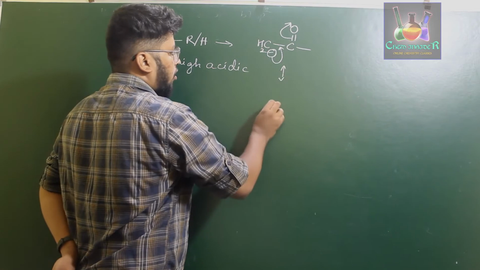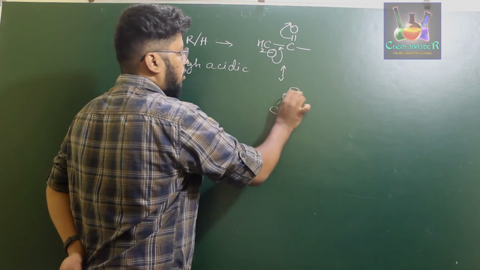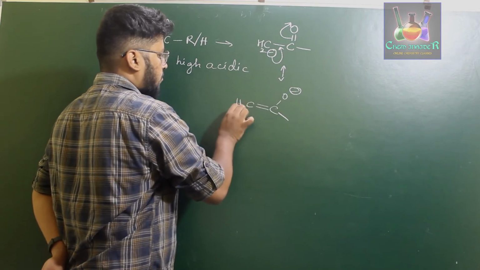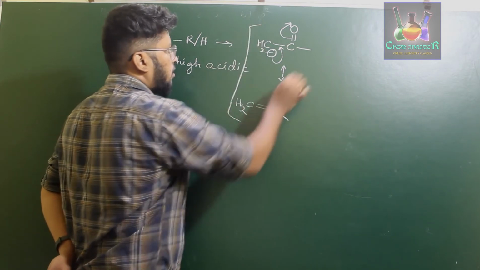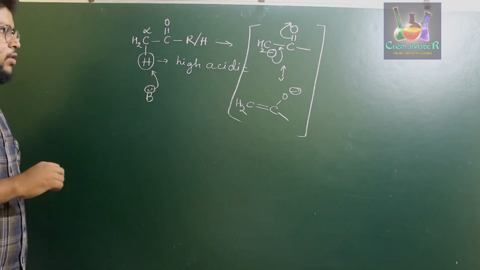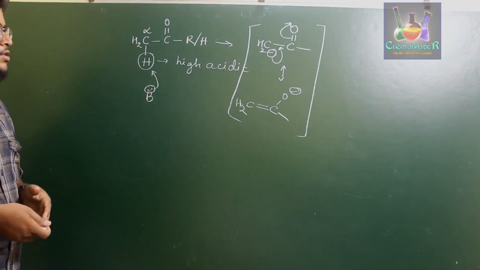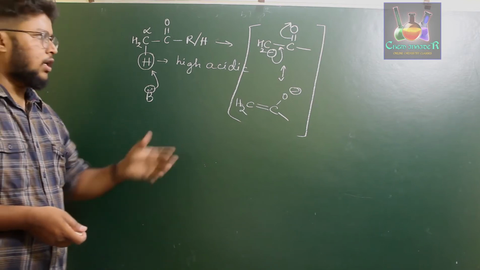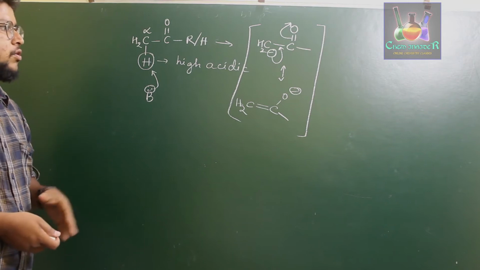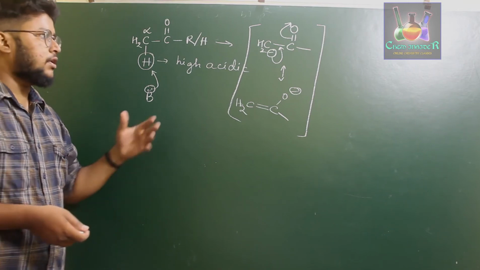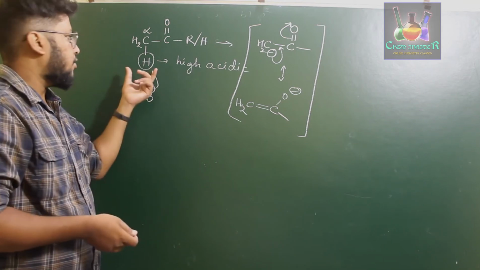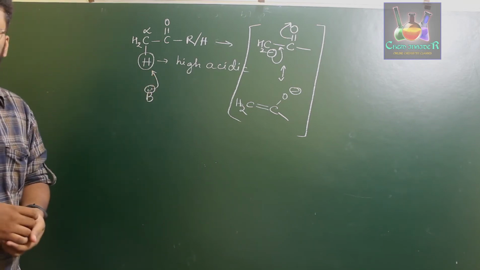So the conjugate base of aldehydes or ketones which have an alpha hydrogen is more stabilized because it undergoes conjugation, that is, it results in resonance structures. Therefore, this particular hydrogen is more acidic in nature.